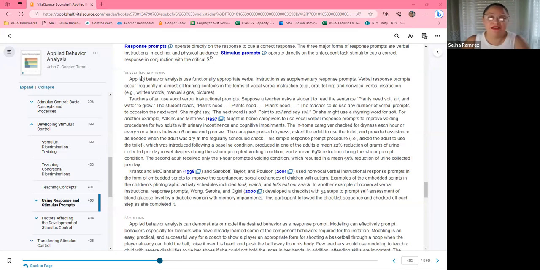This is my favorite thing to teach in parent training, because as a parent, you do that a lot, and you don't even realize it. And so I teach them that if this is a skill that you eventually want them to have on their own, then you're going to do your best to avoid verbal prompting and try gesturing, modeling, other ways to get them to think about it themselves.